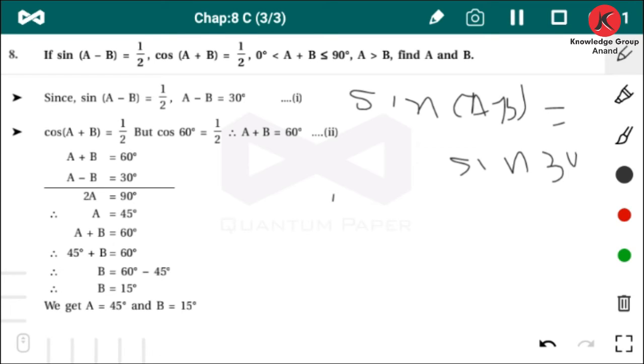Then we write A minus B is equal to 30, our first equation.